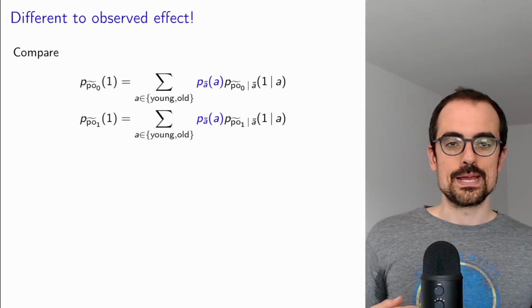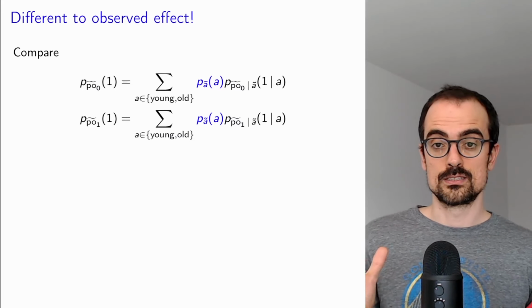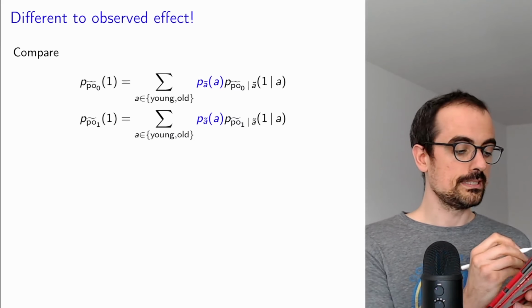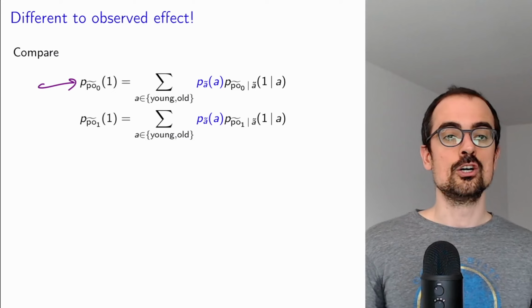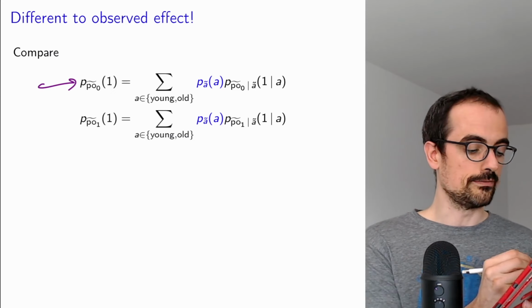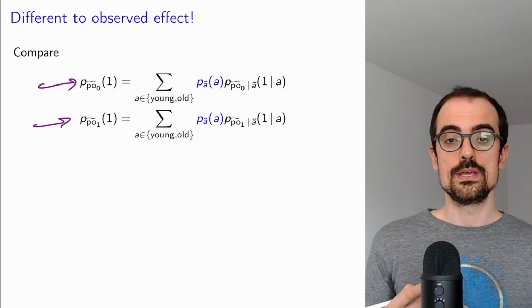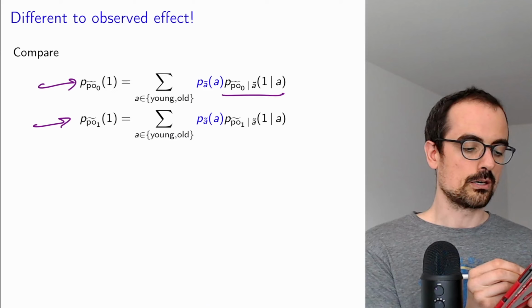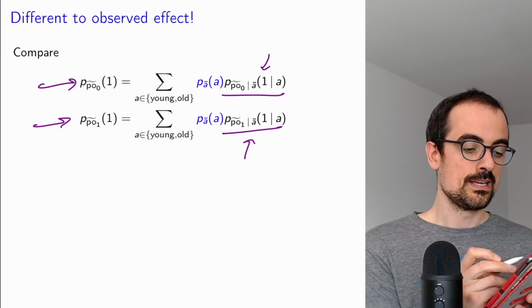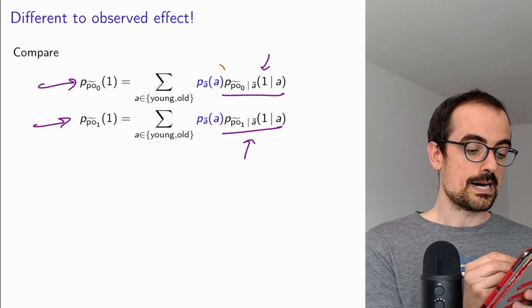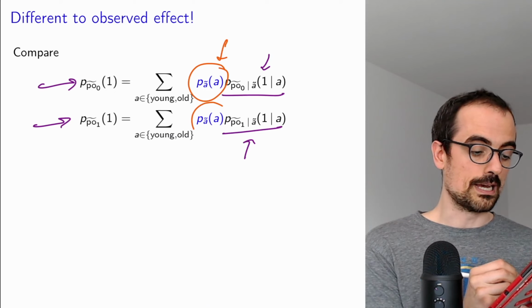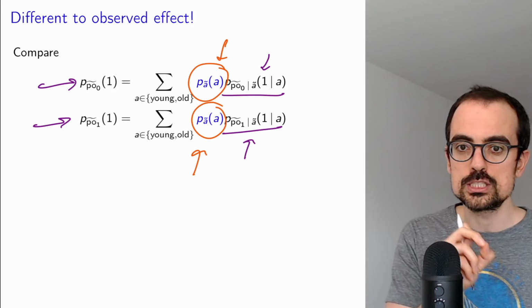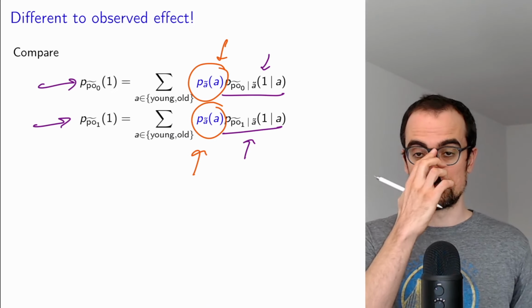So now compare this adjusted probability of recovering when you don't receive treatment and when you receive treatment with the observed one. This is the one that we compute now. We essentially are going to approximate this from the data and then weight them by the proportion of young people and old people in the population, not in the control and the treatment group. And that's the important part.